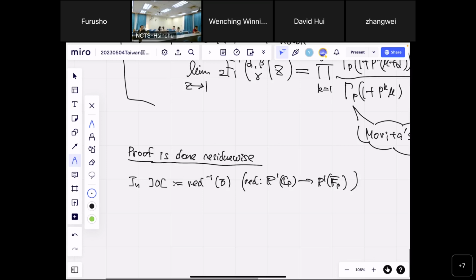Here, this is the tubular neighborhood. It's a notation. This is the geometry. You can show that in the ring of formal power series, A, B, C is a formal power series. It's a generator of the formal power series.